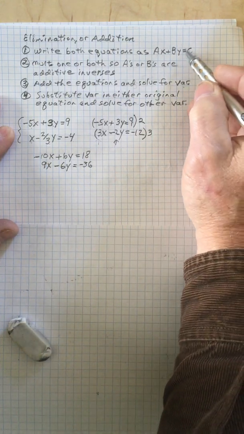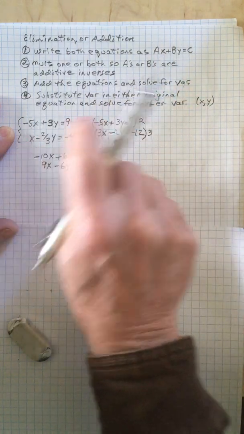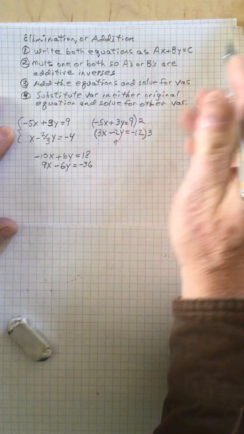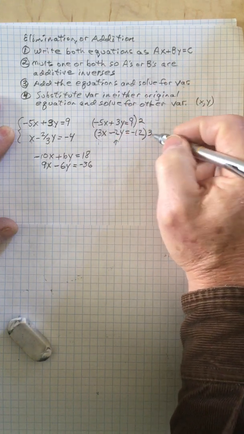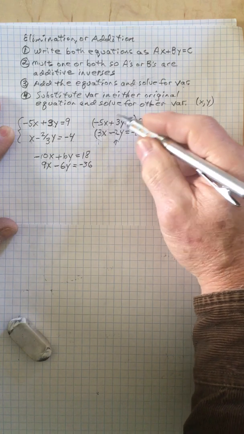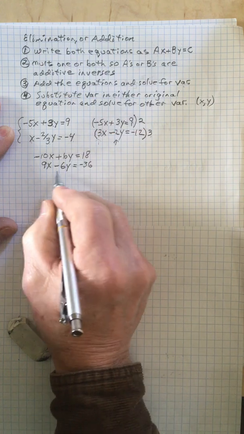Okay, so we've written them in the standard form, which they already were, but we went ahead and got rid of the fraction. We multiplied one or both. In this case, we had to multiply both so that we could get one of the variables to cancel, which is here. Now we're going to add the equations together.